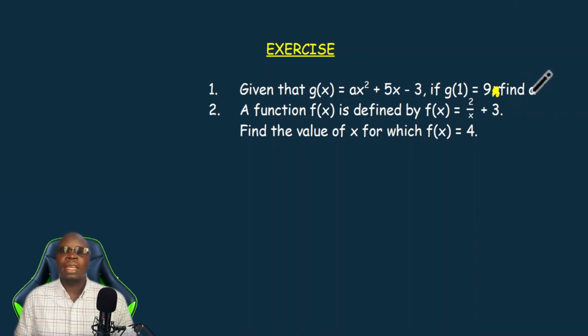Find a, as you can see from here. So this is a you are finding. Now the second question is, a function f of x is defined by f of x equals 2 over x plus 3. Find the value of x for which f of x equals 4.